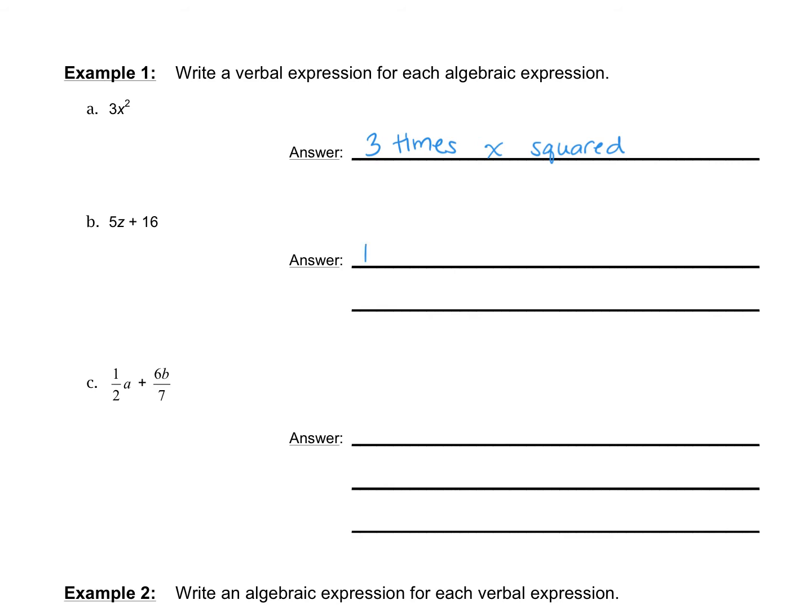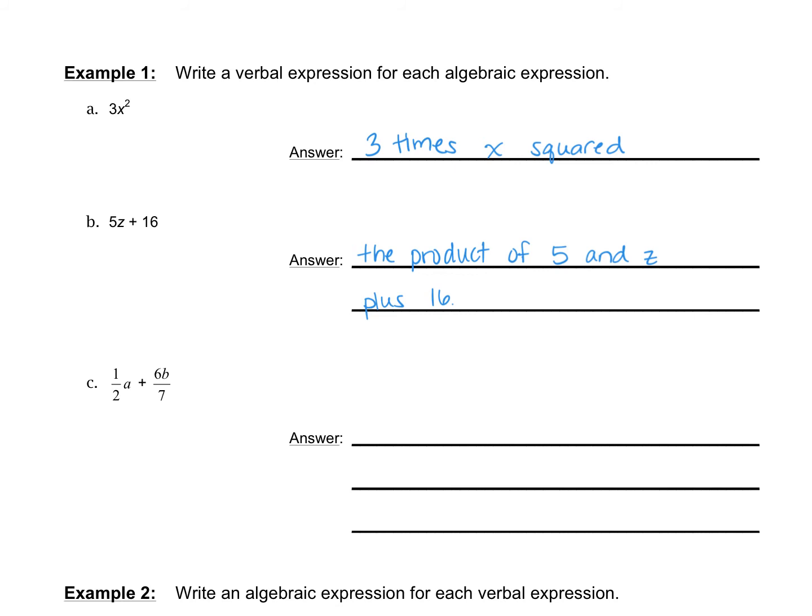We can go ahead and say the product of 5 and z plus 16. Another way that this could be said is 5 times z increased by 16. These are, remember, vocabulary words that I'm taking from the prior slide. Or you could say the sum of 5 times z and 16. There's just multiple ways that we can do this.